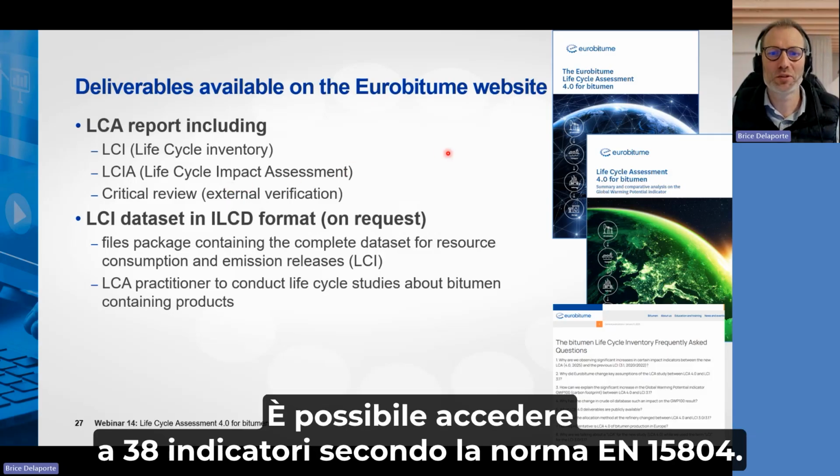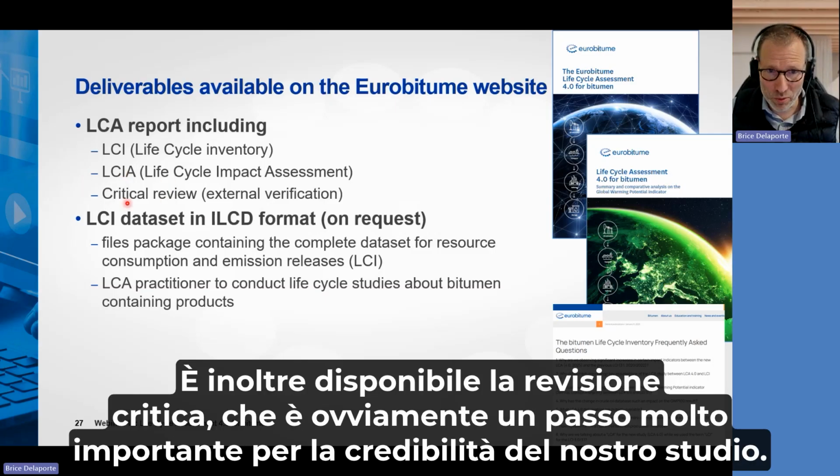You can access 38 indicators in line with the standard EN 15804, and you have also the critical review, which is of course a very important stage for the credibility of our study.